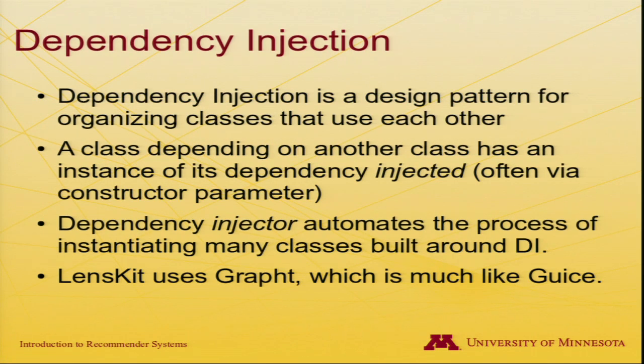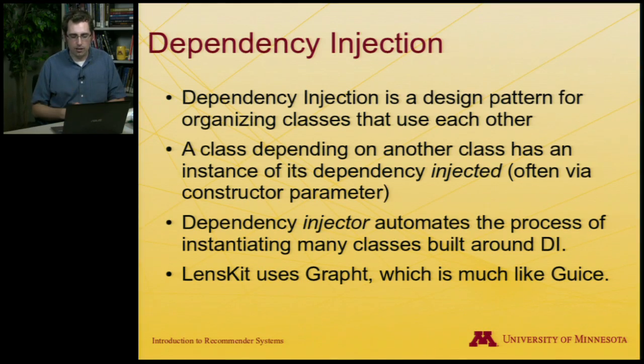Dependency injection is just a design pattern for organizing classes that use each other. The basic idea is that when one class needs another class to do its job, rather than constructing that class itself, it requires an instance of that class to be provided via a constructor, parameter, or a setter. We call this injecting the dependency, injecting the class that it needs.